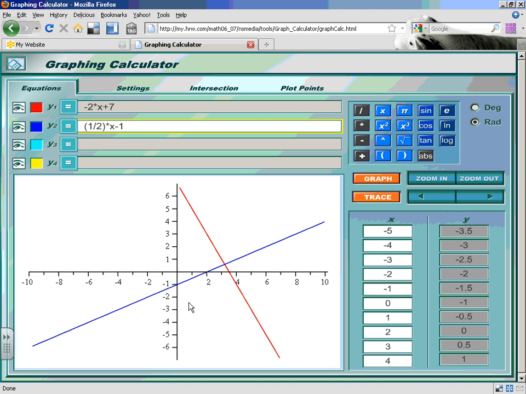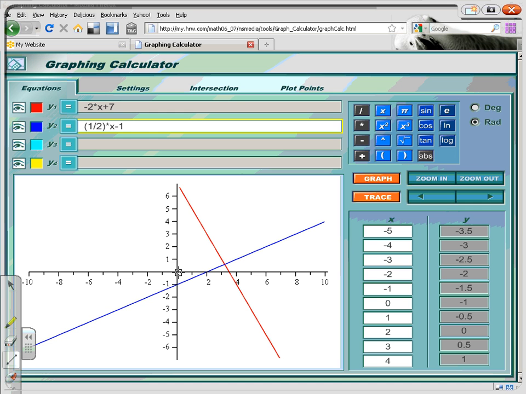Checking out the graph from the origin, it's the blue line we're working with, so let's use the blue line. From the origin, we need to go to the right 6. That doesn't show up so well, but to the right 6, and then up 2. Yeah, and it appears to be lined up real well there.